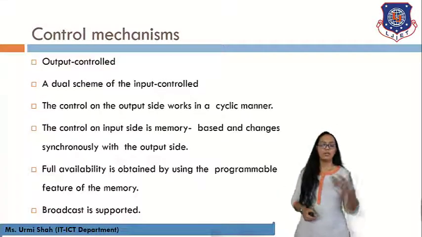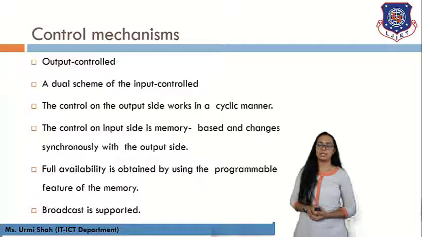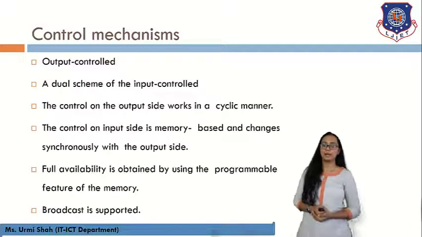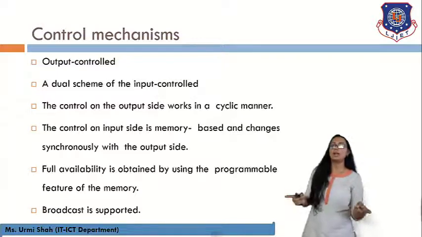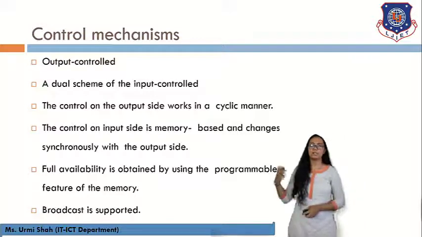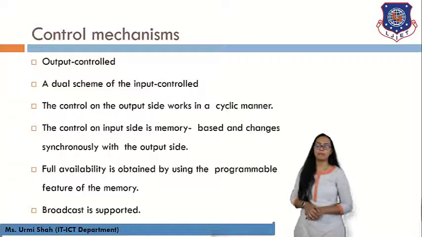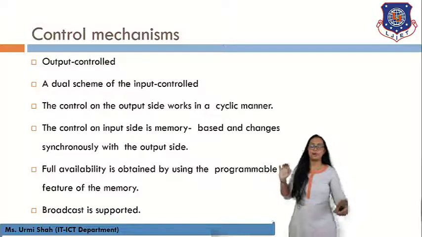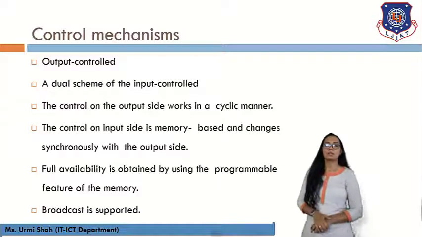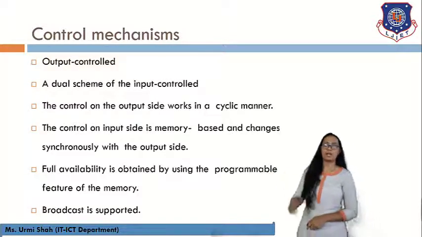Here again, full availability is obtained by using the programmable feature of memory. So both the processes are replications of each other. It is almost the same, but whatever access the input had on the input side, the output node has on the output side. So exactly opposite operations are there.